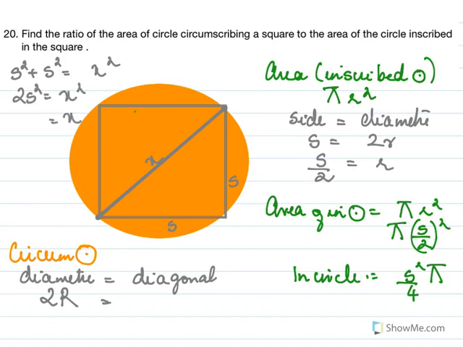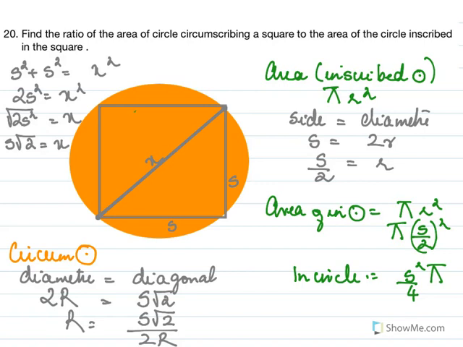So 2S square equals x square, and your x will be under root 2S square. So S under root 2 equals x. That is your diameter, or the diagonal. So your diagonal is S under root 2. So your r now is S under root 2 over 2. So for the circumcircle, the outer circle, the radius is S under root 2 over 2.